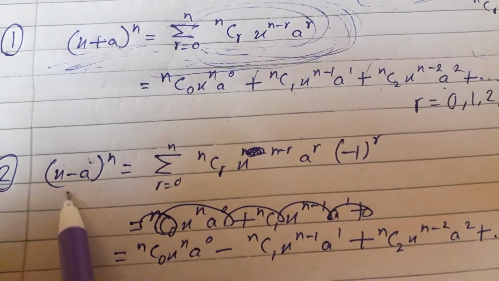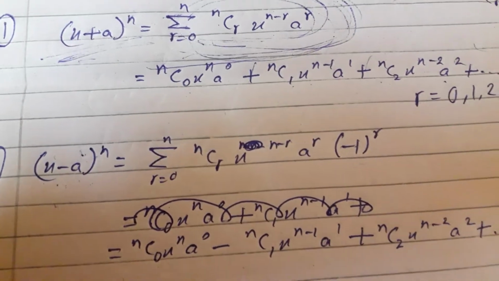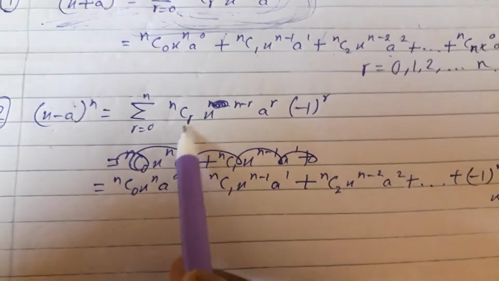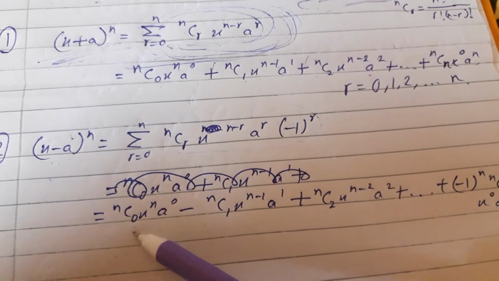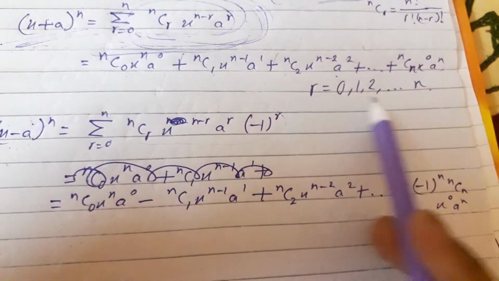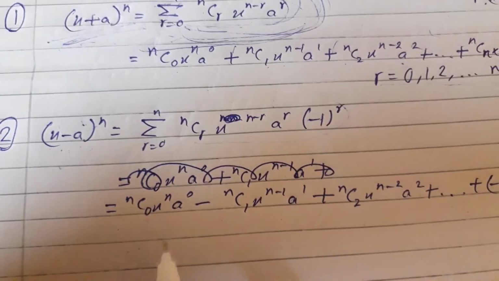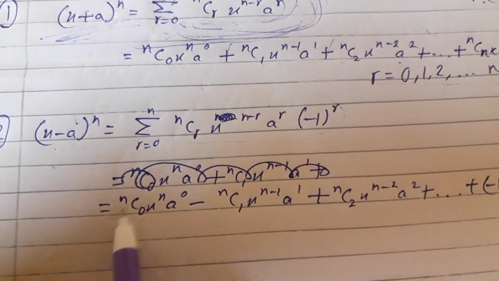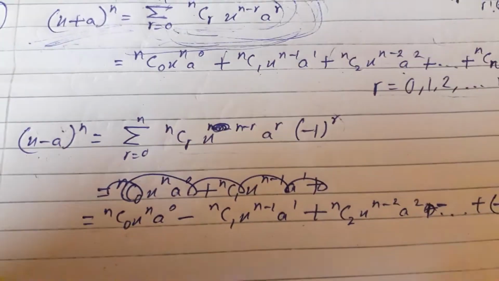Since here it is written x minus a, you have to multiply by (-1)^r. This is the same expansion with r equals 0, 1, 2, up to n. But here the difference is that the first term is positive, then negative, positive, negative, positive, negative. In this way you have to expand this.